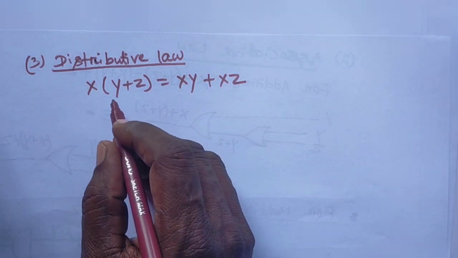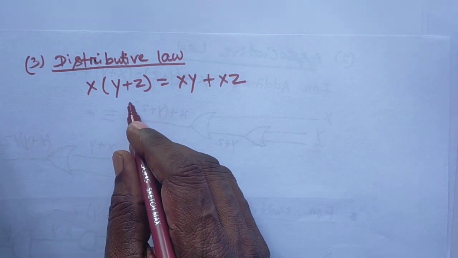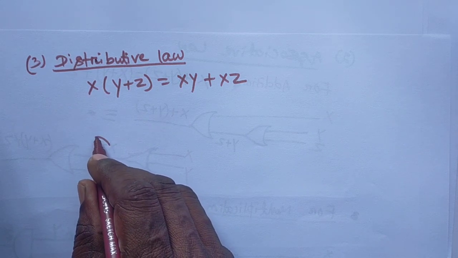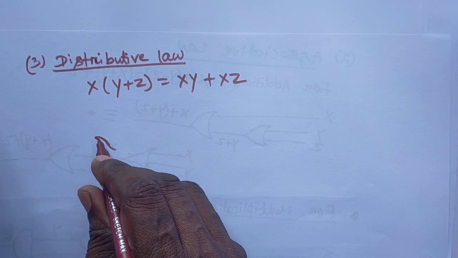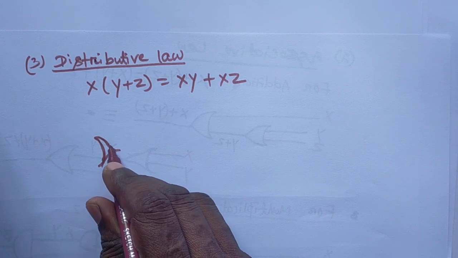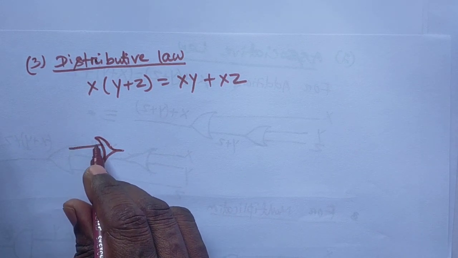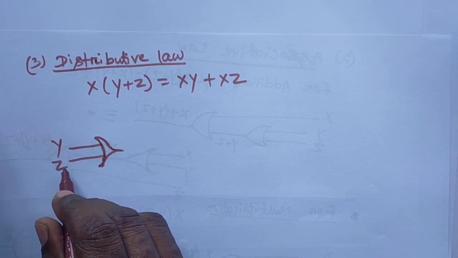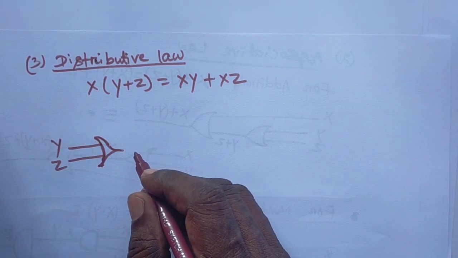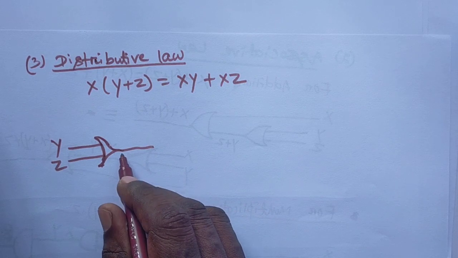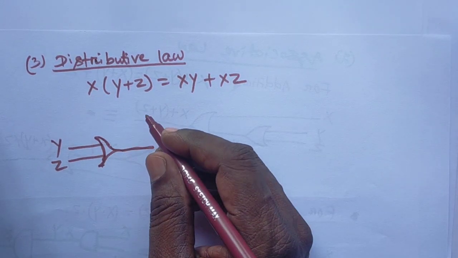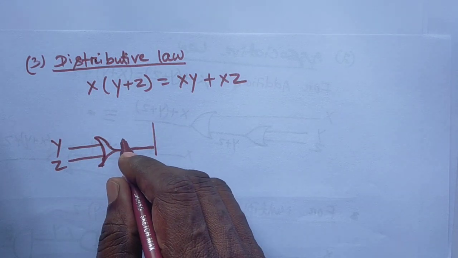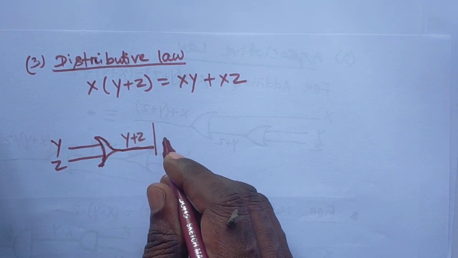Now see y plus z. It is an OR gate, a very simple way. We take an OR gate with two variables, y and z. This is one part. Another part is an AND gate, because this is y plus z.